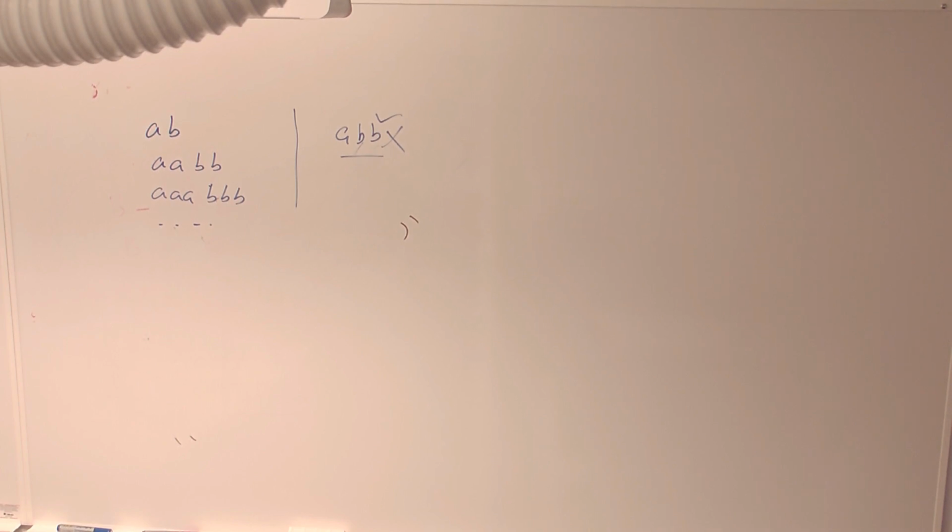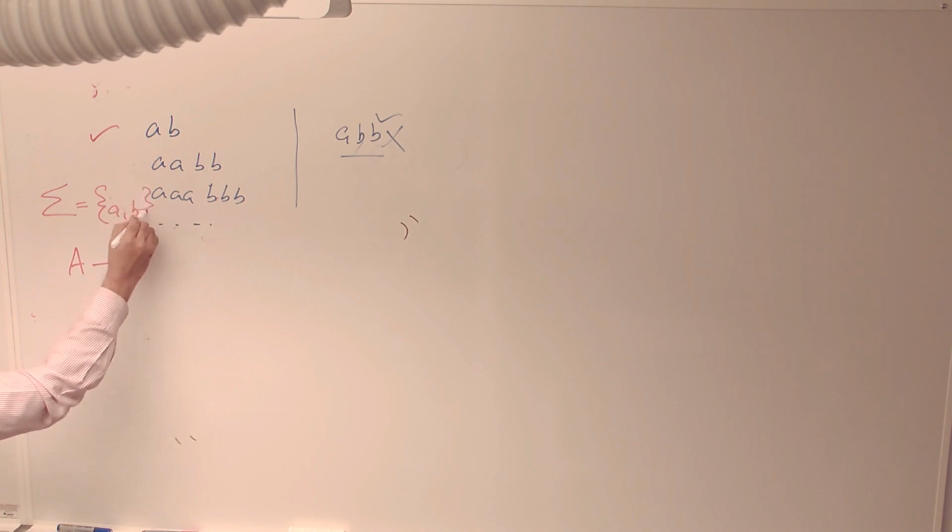Okay. Can you come up? Can you help me to define this language using the context-free grammar? The alphabet we have is the same, A and B. What is the base case over here?